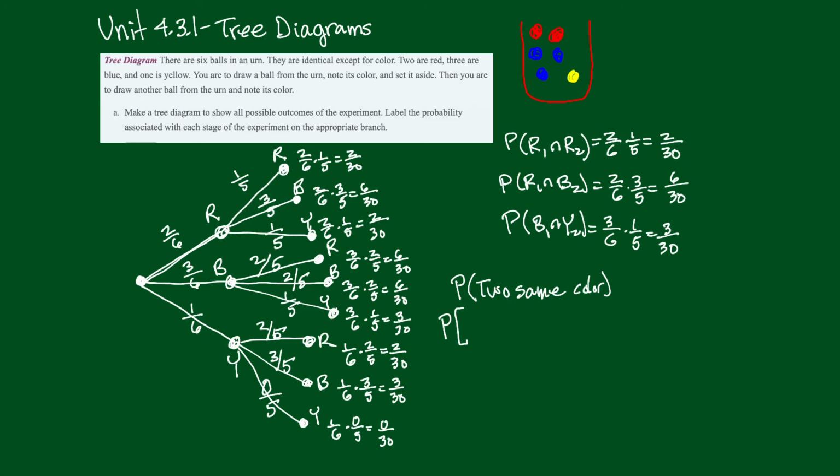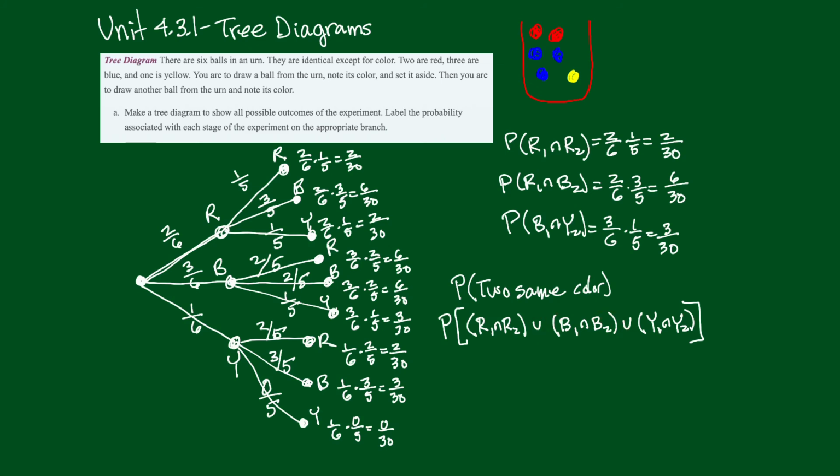I could get a red on the first and a red on the second, or I could get a blue on the first and a blue on the second, or I could get, actually this isn't going to work, is it? A yellow on the first and a yellow on the second, but that's going to be 0, but I've listed all of them. Now, it's an or, right? You see those? Those are ors.